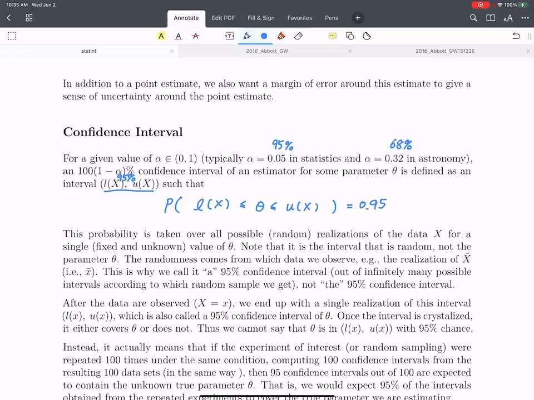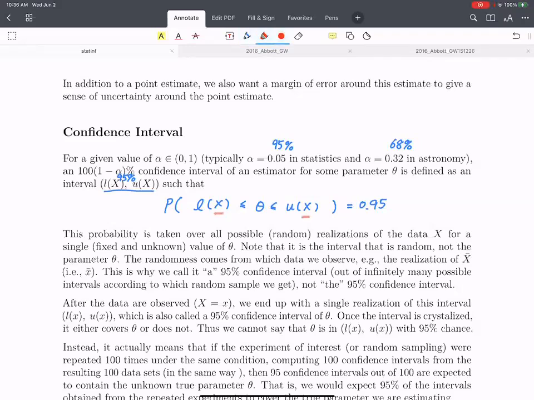The key is to think of where the randomness comes from. From the frequentist's point of view, theta, the parameter of interest, is an unknown fixed constant, but it's not random. The randomness of the confidence interval comes from the realizations of the data, these X's.